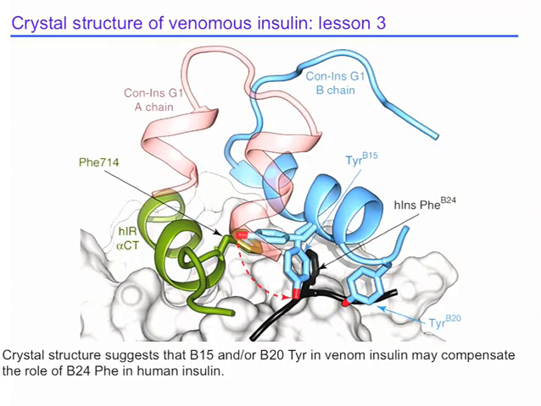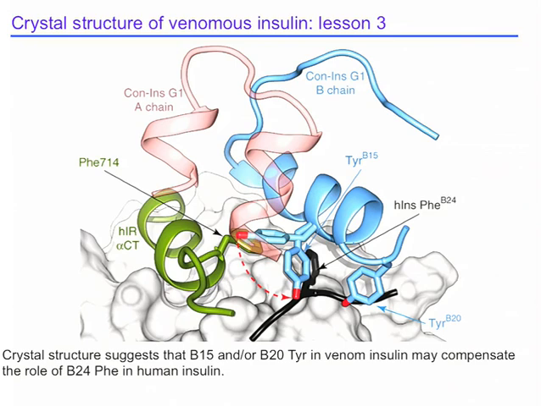The third lesson we learned, and I will say this is probably the most important one, is why there's no B24 phenylalanine in this cone snail insulin, but we still see some activity. What we end up seeing is that there are two mutations in this venomous insulin. B15, which is normally a leucine in human insulin, and B20, which normally is a glycine in human insulin, got mutated to tyrosine.